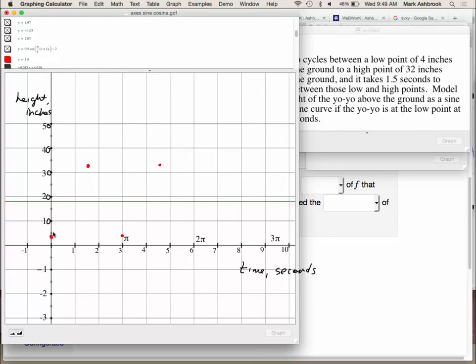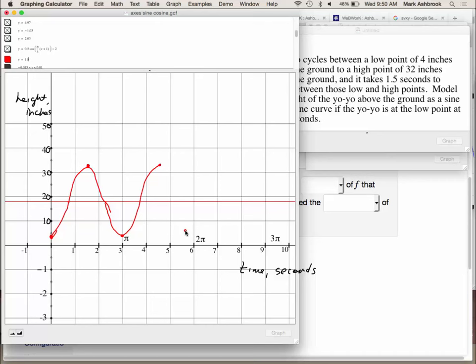So then it's going to hit the midline there at 0.75 seconds and at 2.25. So make our sketch first. Make a good sketch. Okay, and so if we got the sketch right, then we just apply what we did.